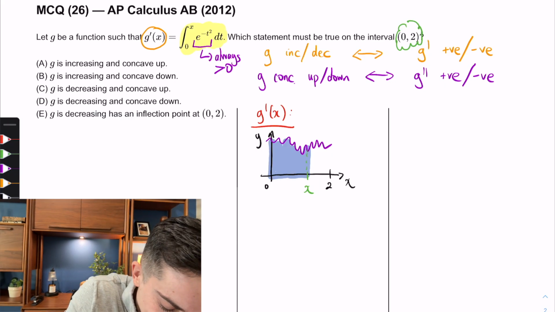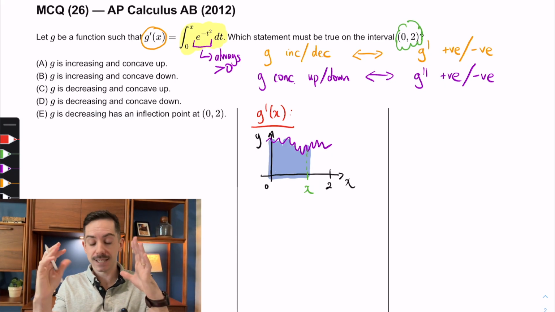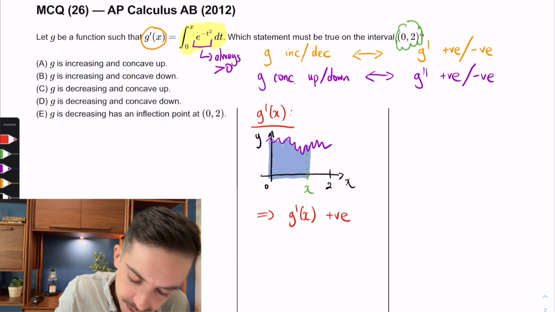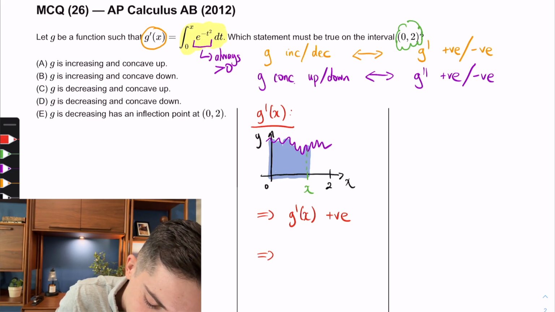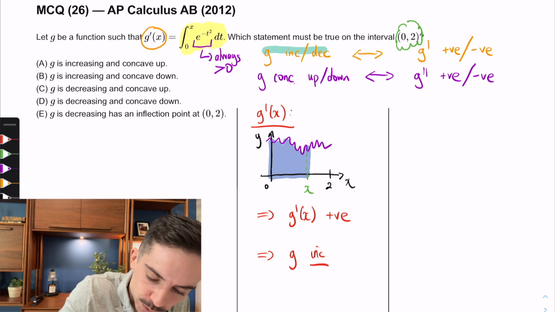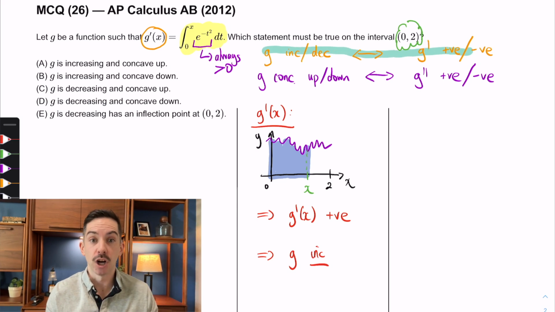So that tells me, because my curve is fully above the x-axis, I know that g prime of x is going to be positive, and so that tells me that g must be increasing, right? Just from this fact that we recalled at the start of the problem.